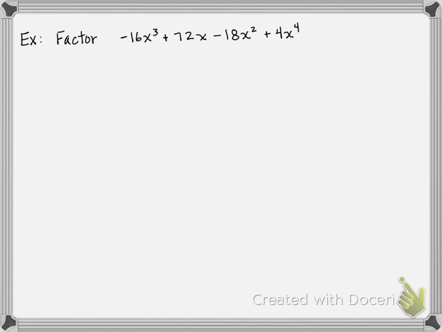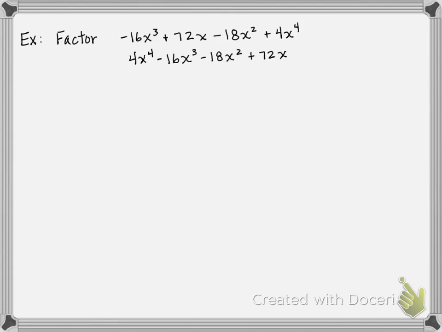What should I do first? Put it in descending order. Very good. So 4x to the fourth minus 16x to the third minus 18x squared plus 72x. Okay, look at your factoring strategy. What should I do next?